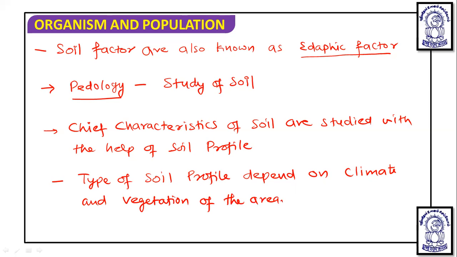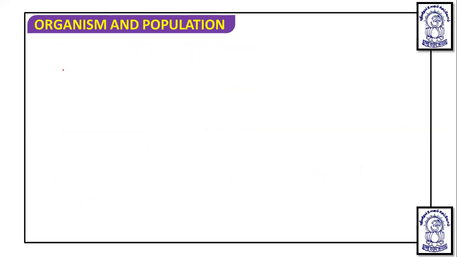Now, when we want to study soil characteristics, we have to select a three-dimensional volume of soil for the study of the profile, and that three-dimensional volume is known as pedon.